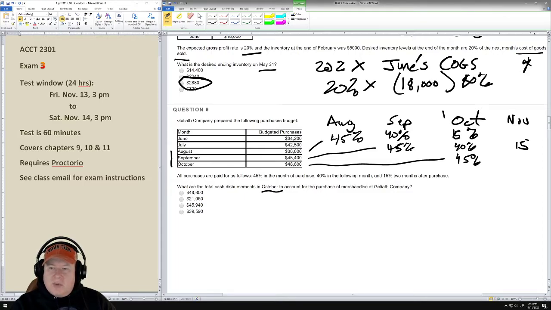So even though we have purchases from prior months, we're paying them at different times. And what we're trying to find out is how much cash is getting paid out in October.